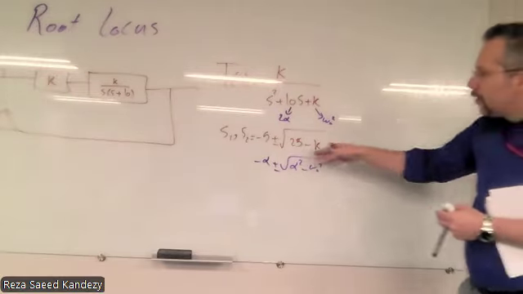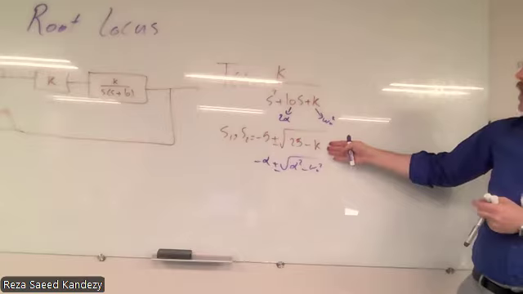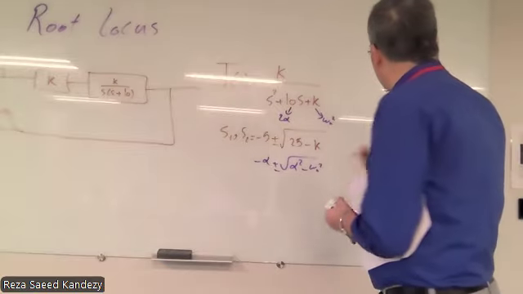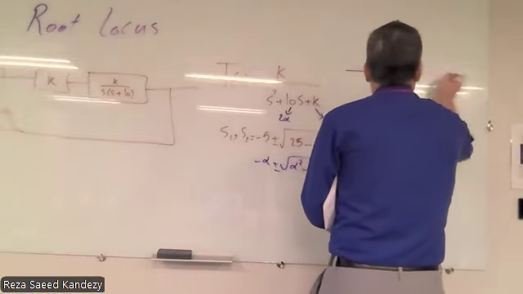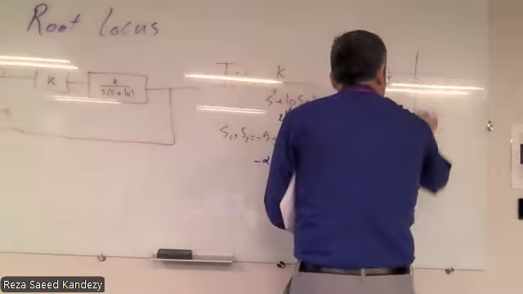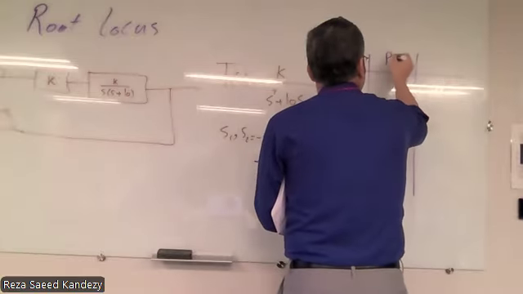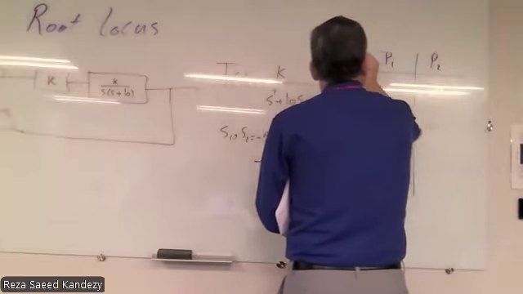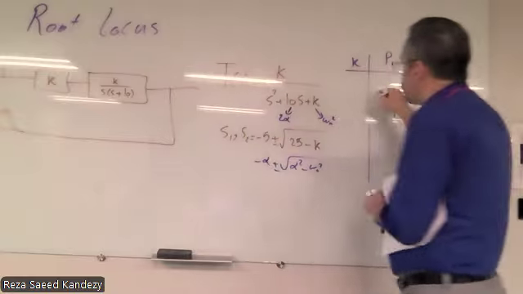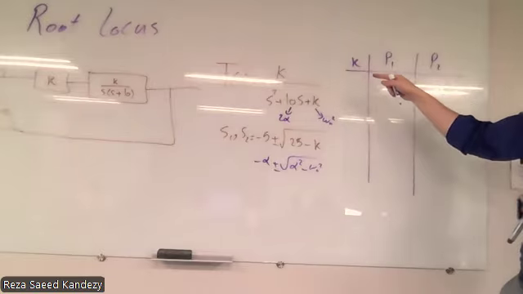Now you can easily see, let me actually draw a table. I have 2 poles that are going to change, pole number 1 and pole number 2, and they would change based on whatever k we have.